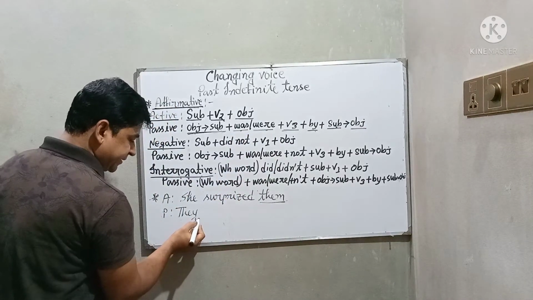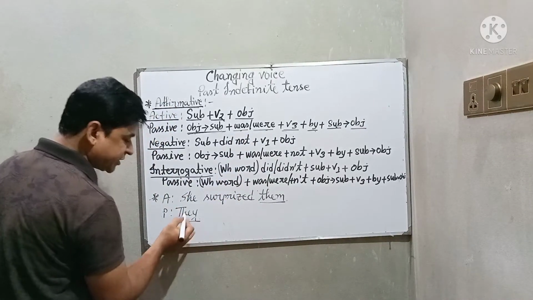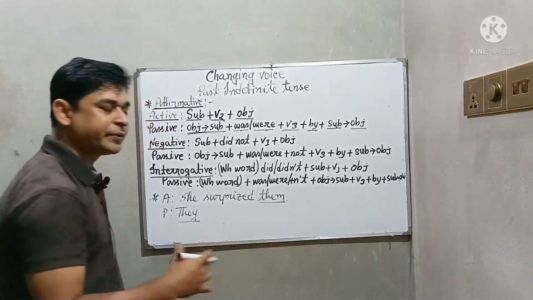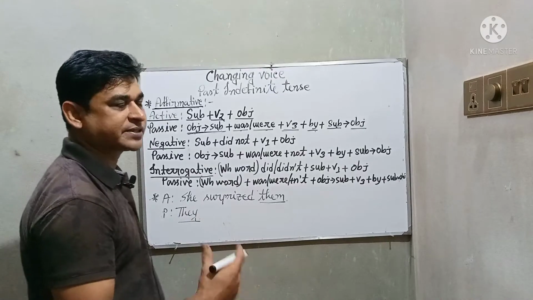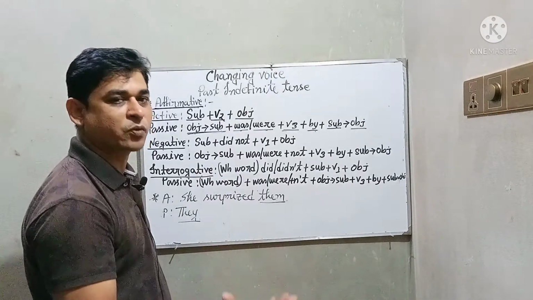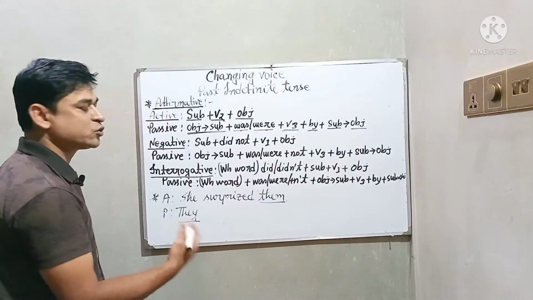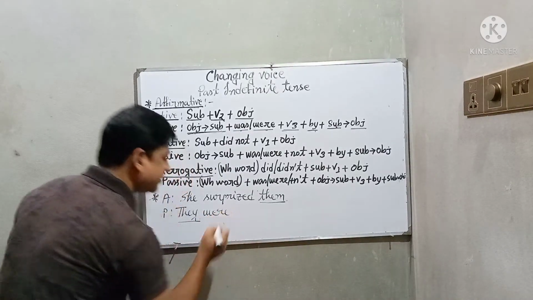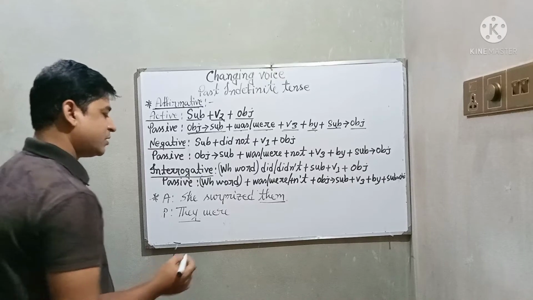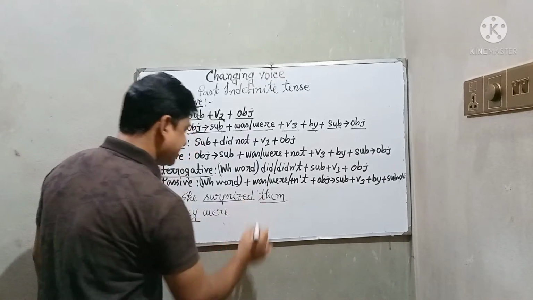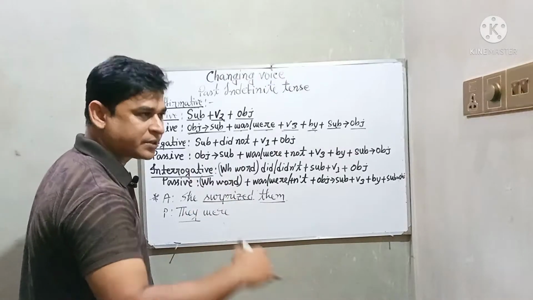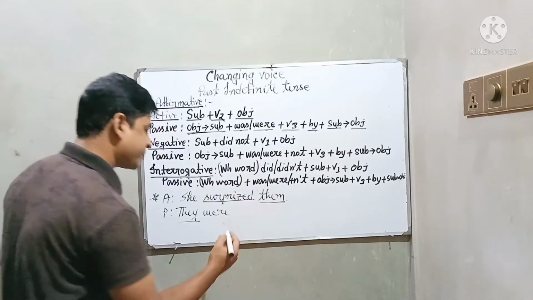Now the converted subject is third person plural number. Whenever we get plural number, or second person or first person plural number, at that time we have to use were. So we are going to use were here. Then the past participle of the verb. Here the verb is surprised. Surprised, surprised, surprised. V3 surprised.